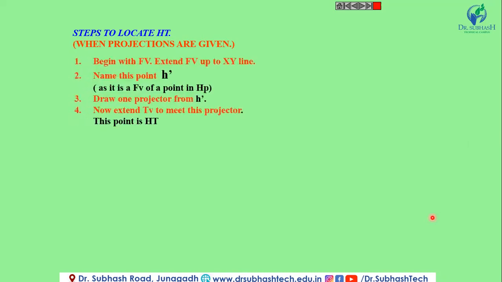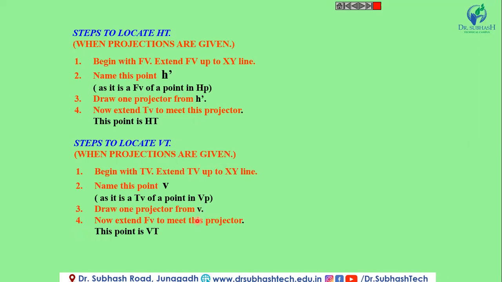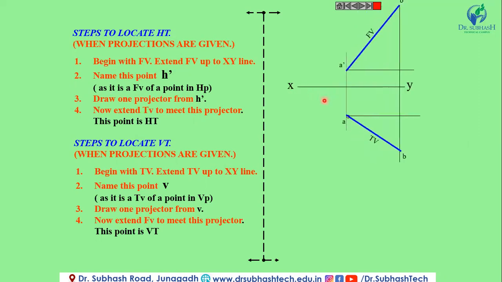Now, steps to locate the HT and VT when projections are given. Here are the different steps to locate the HT and the VT. Let us see how to locate them. Here the front view A dash B dash and top view AB are given.